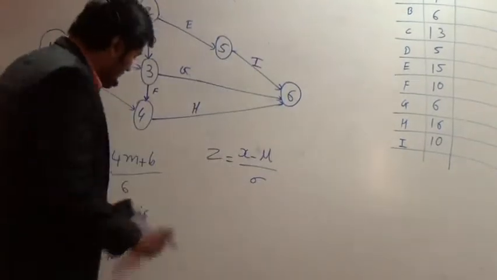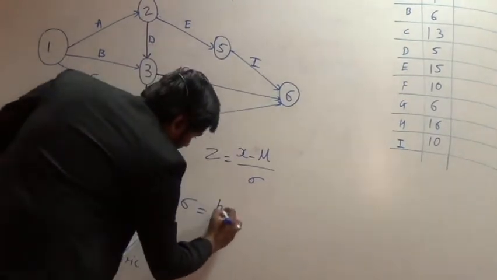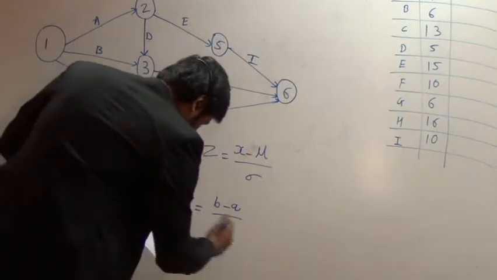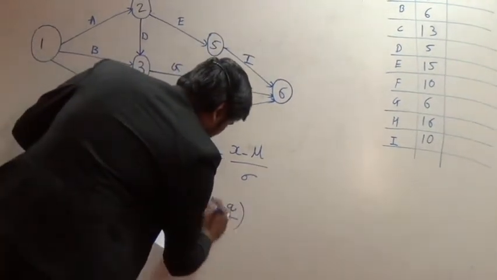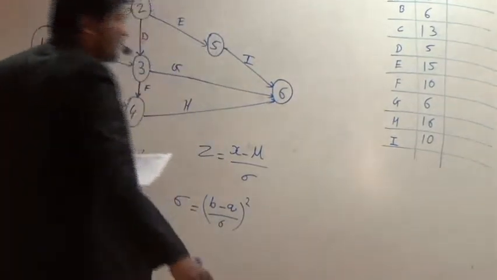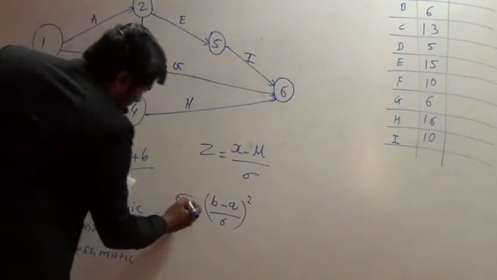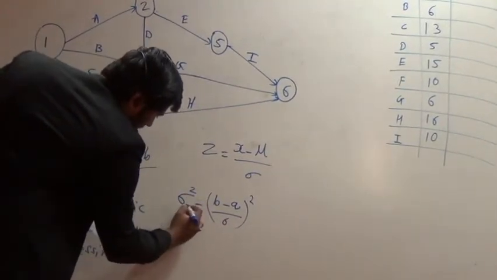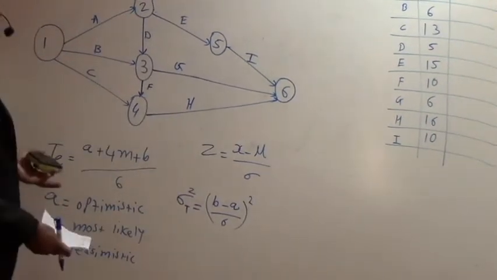The formula is (B minus A upon 6) all squared. This is the formula of the variance, and it is the total variance. These are the basic things that we require.